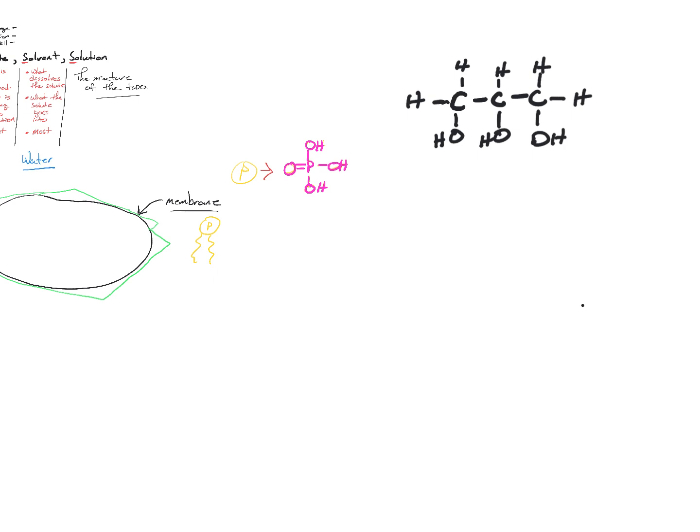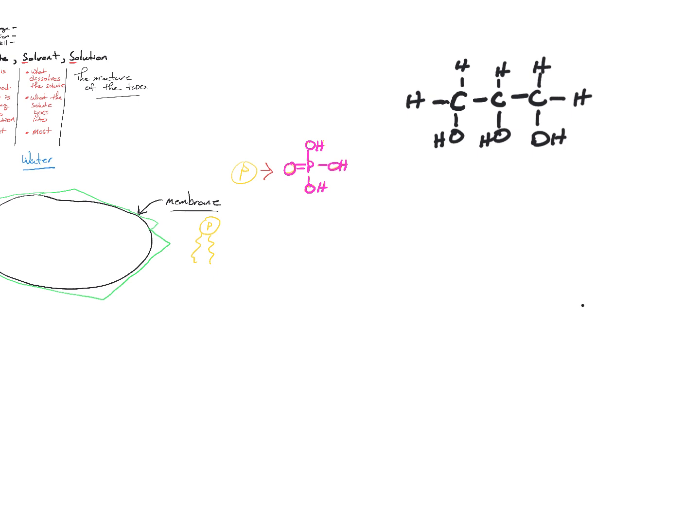If you count them from left to right, 1, 2, 3, 4. But we're not including the transition elements. Is that clear? Transition elements are filling d orbitals, and they do all kinds of interesting things. But carbon is the fourth group from the left, not including transition elements, so it makes four bonds. How do I know that? It's in the fourth group.